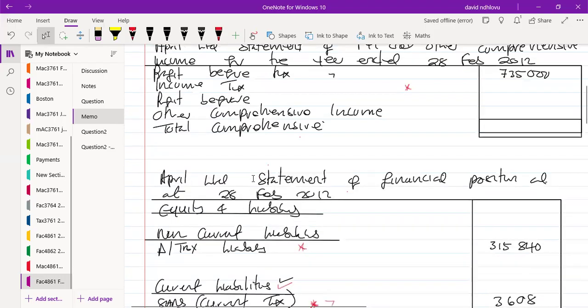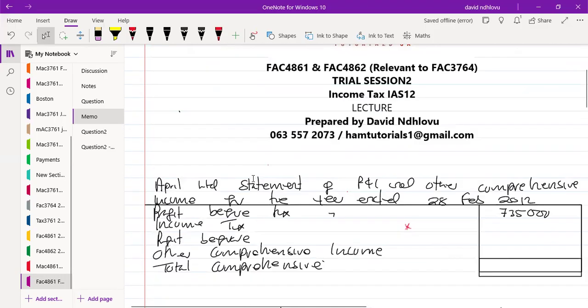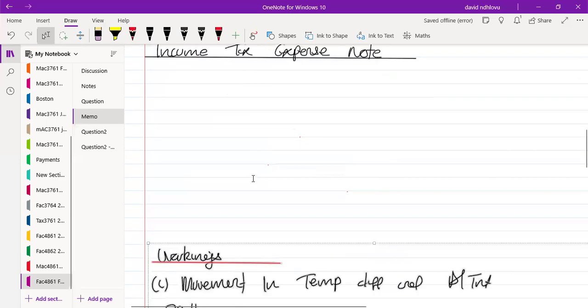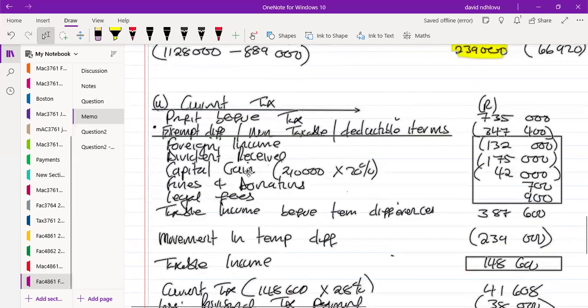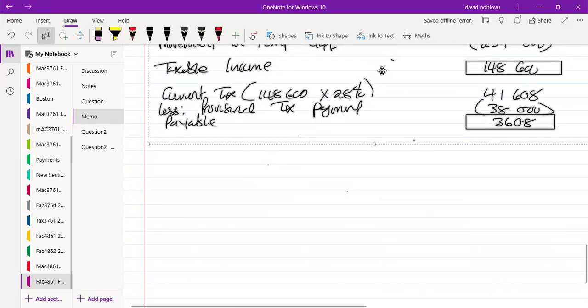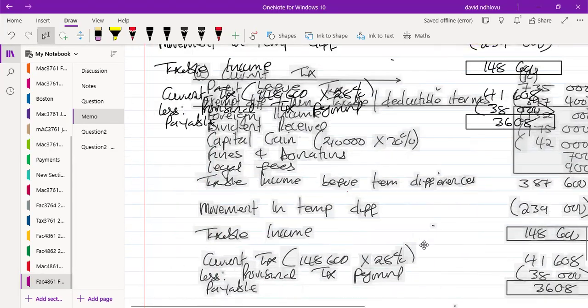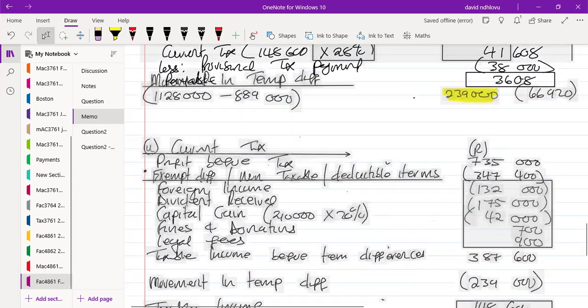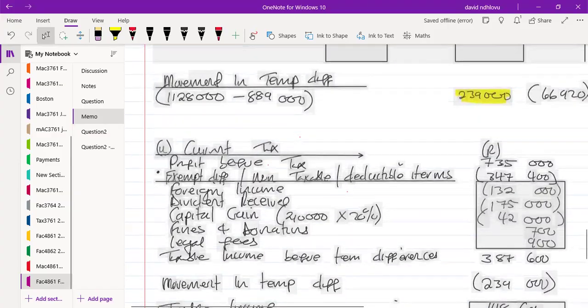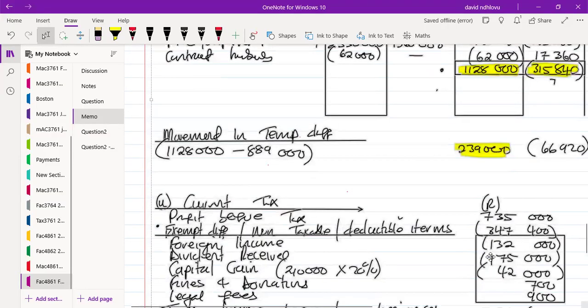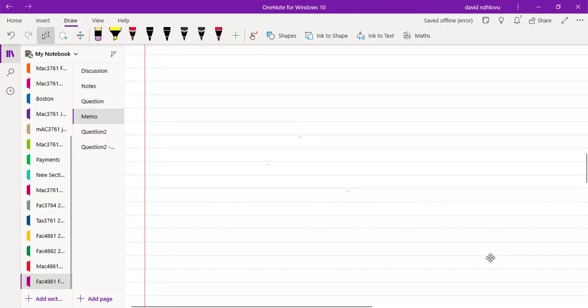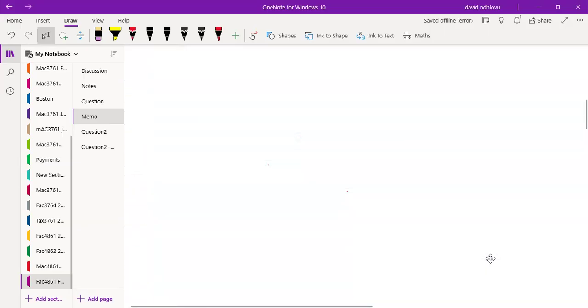Right. I'm still very close. Right. Yeah, I have enough space now.